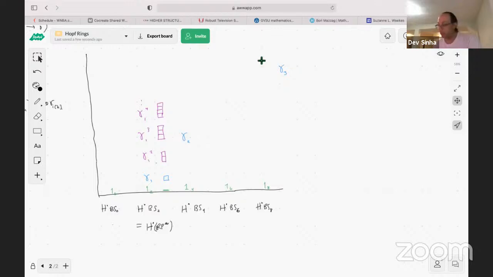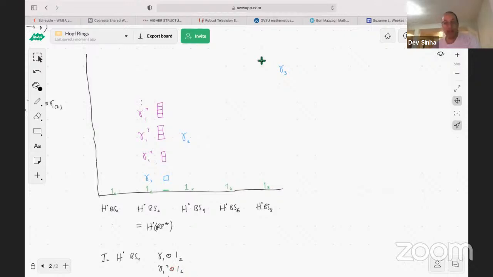So similarly, now let's start thinking about the transfer products. In the cohomology of BS4, we have things like gamma 1 transfer product 1, and you also have gamma 1 squared transfer 1, and so forth.